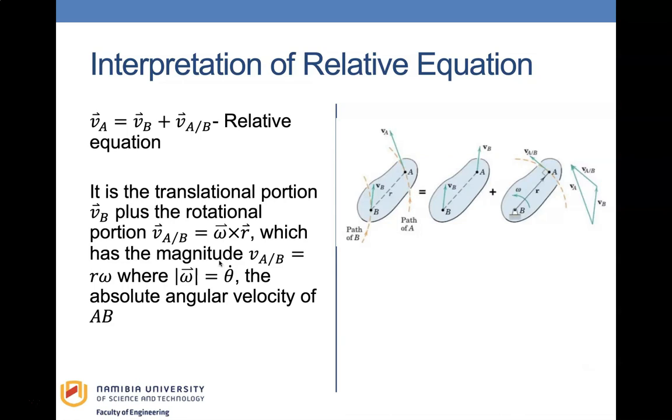Now let's look at the interpretation of the relative velocity equation, which is VA equals VB plus VA with respect to B. So we want to find VA. This is equal to VB, which is this movement where the line AB moved upward by VB, plus the rotational movement when B was fixed and A was allowed to move.